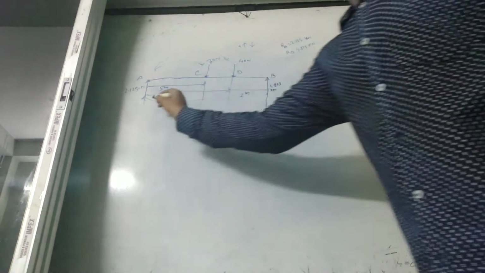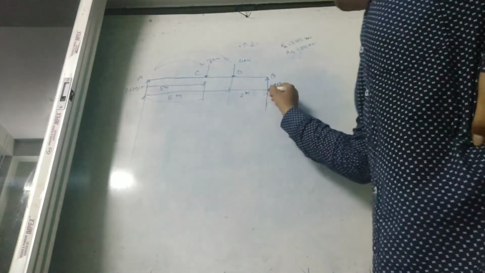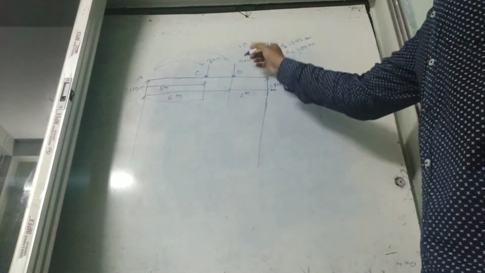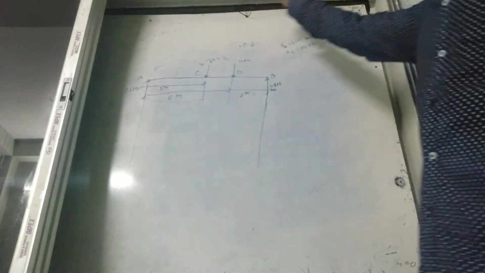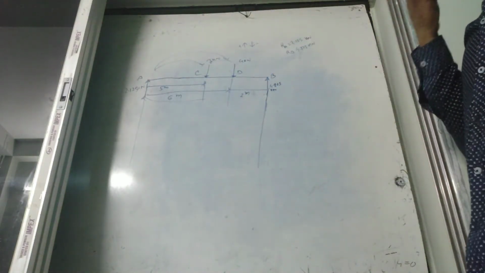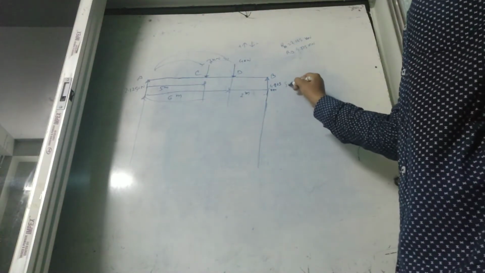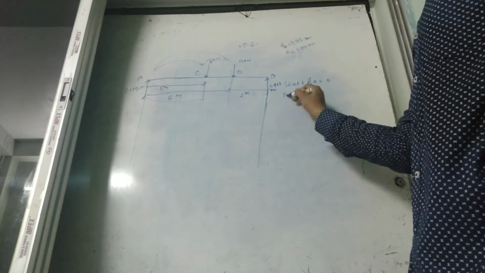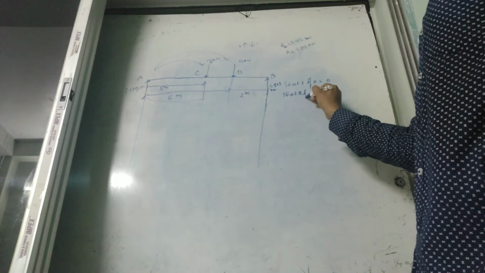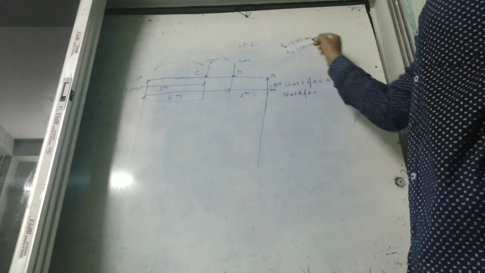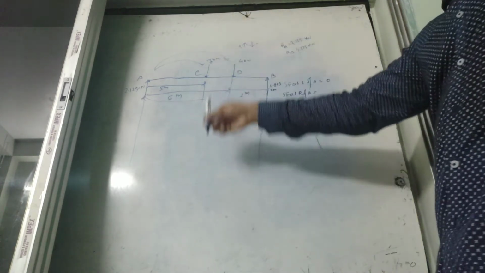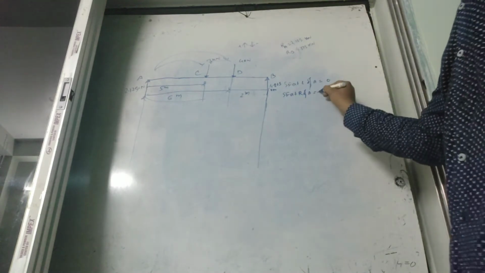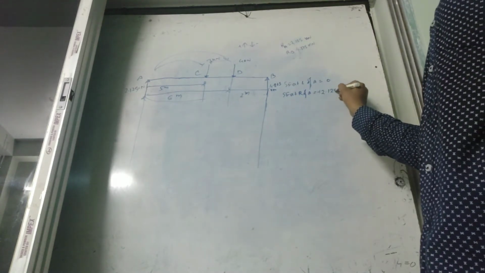Now how we go for the shear force? First I will go for the upward positive and downward negative sign convention. So here shear force at left of A equals to 0, shear force at right of A is the RA. This is given up from downward to upward, so positive sign plus 2.125 kilonewton.